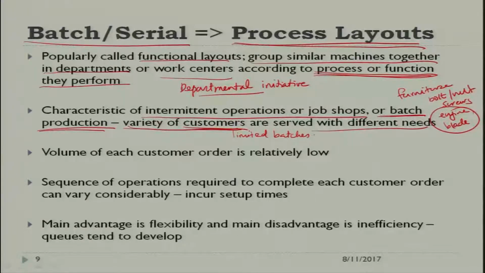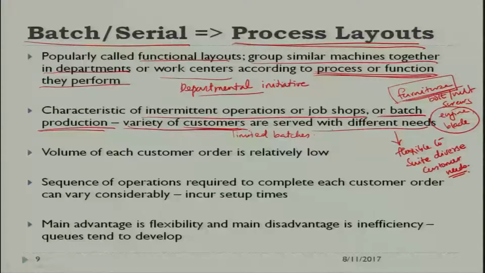So, one of the major advantages of this process layout is that it is flexible to suit diverse customer needs. In furniture manufacturing, you will see they are making chairs, but they will make many different varieties of chairs.